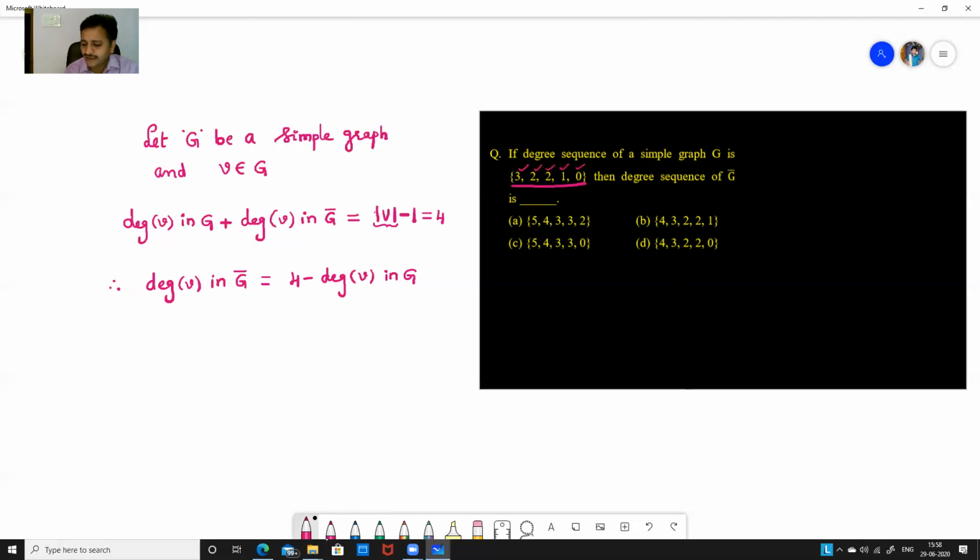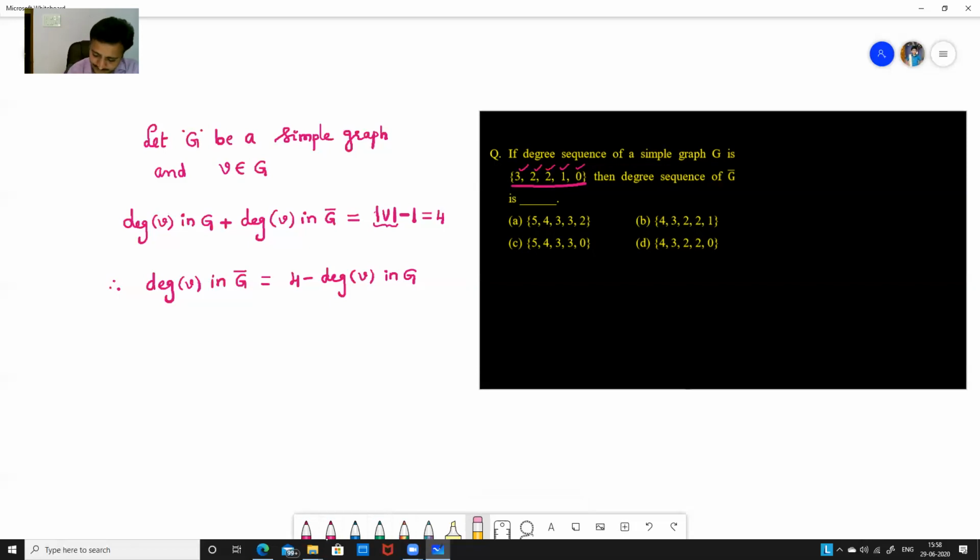The first vertex has degree 3, the last vertex has degree 0. We can directly substitute these values instead of writing individual values.